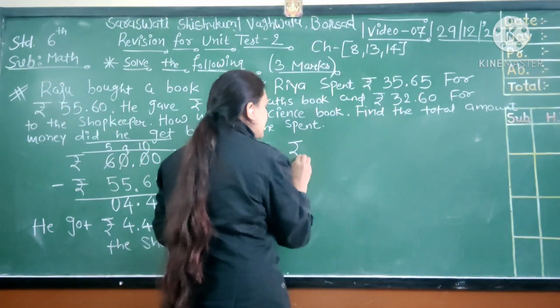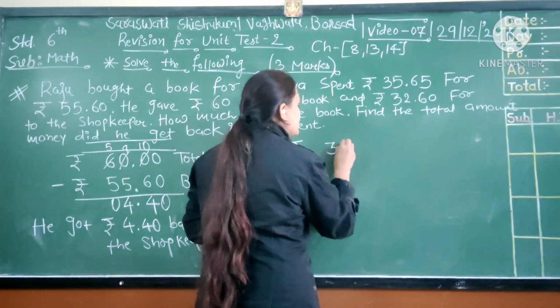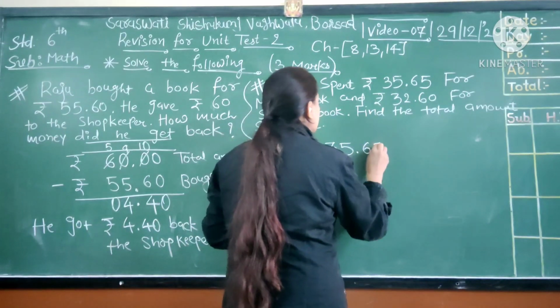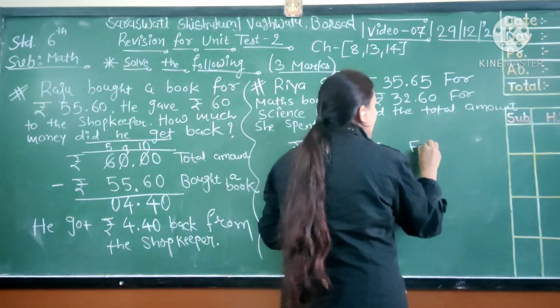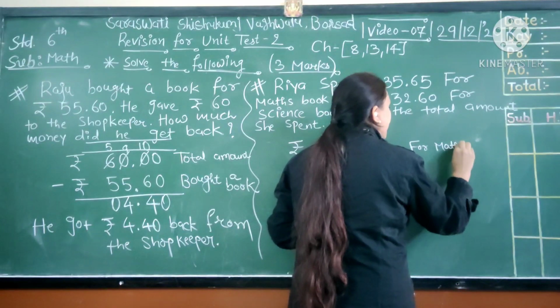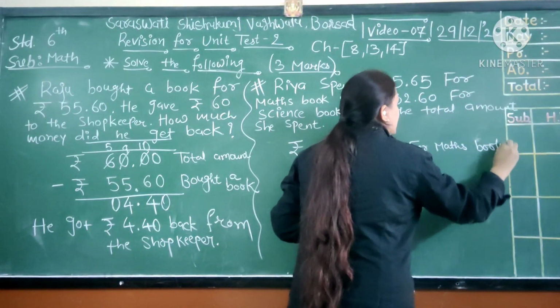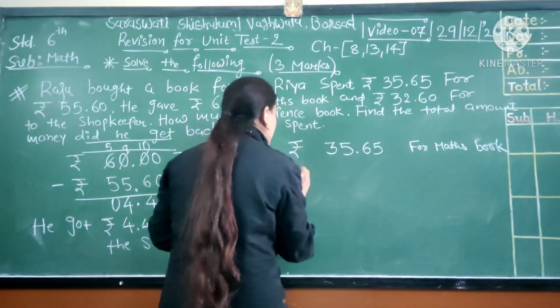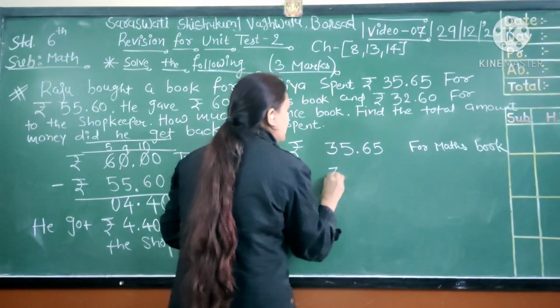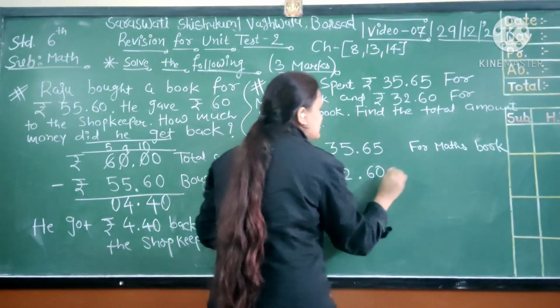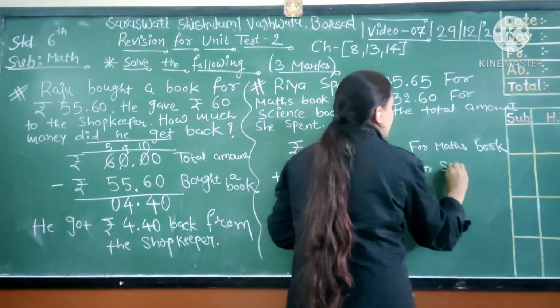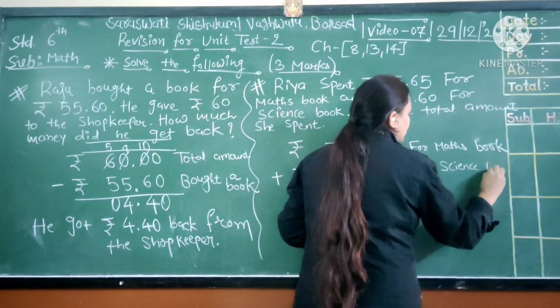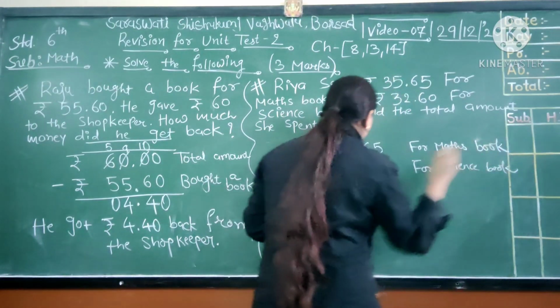So let us start. Your first number is ₹35.65 for the maths book. Then another, plus ₹32.60 for the science book. We have to find the total amount here.